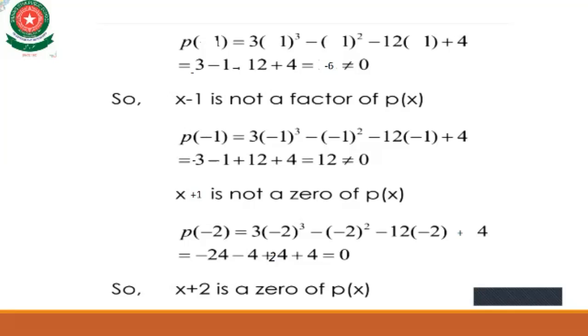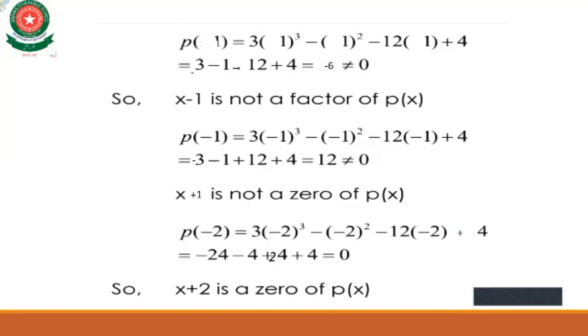So let's check for minus 2. P of minus 2 is equal to 3 into minus 2 cube minus minus 2 square minus 12 into minus 2 plus 4. Minus 2 cube is minus 8. 8 3s are 24, so minus 24.